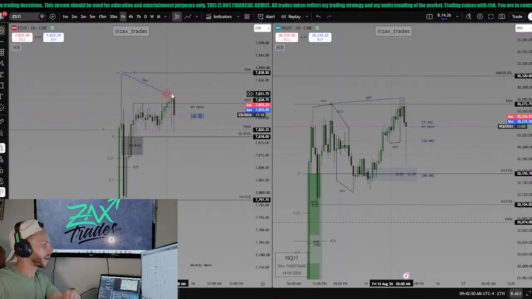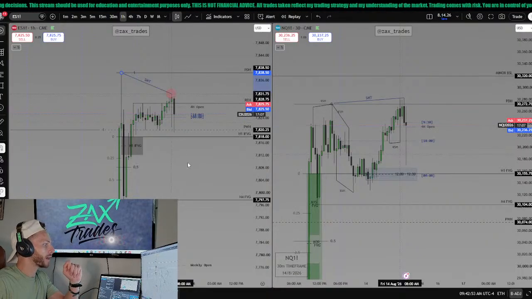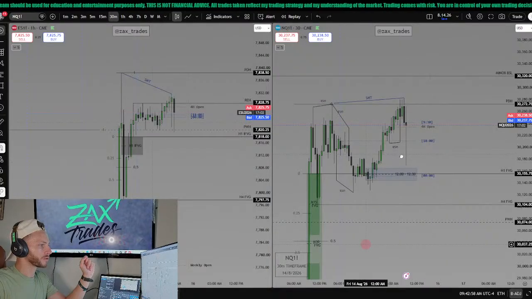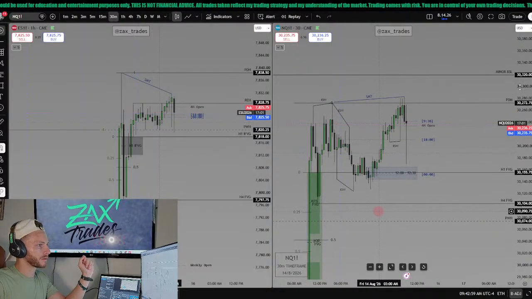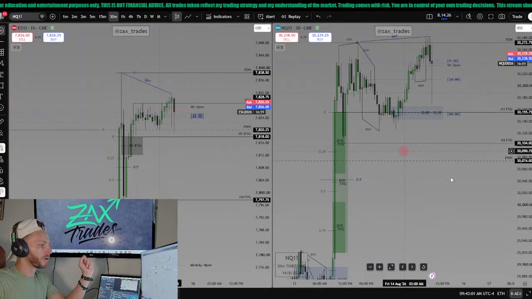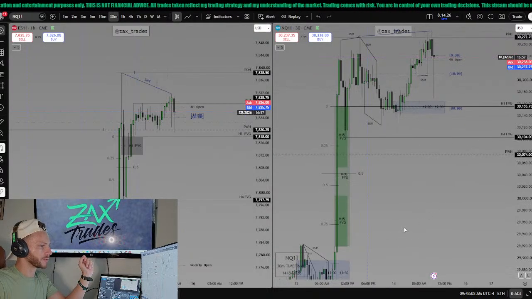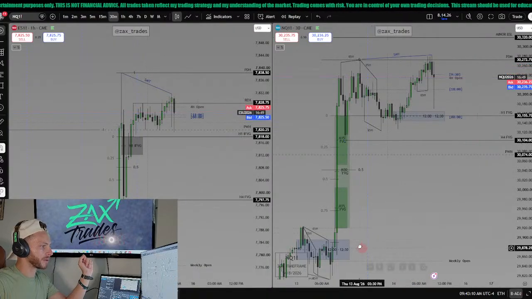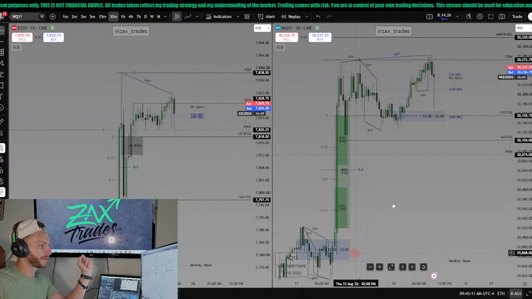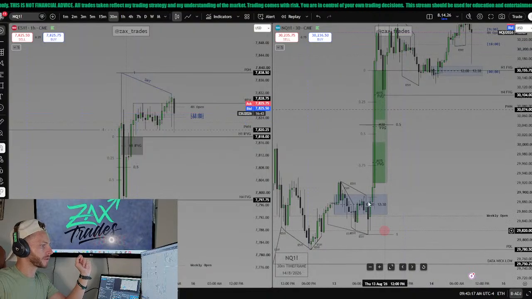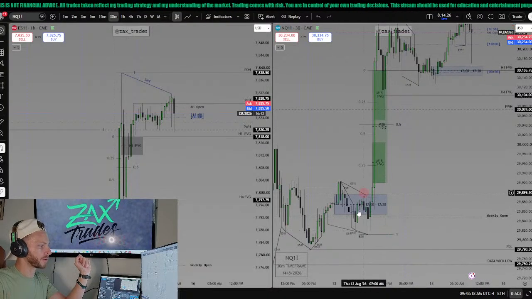So we saw yesterday with that big run up, we had that Judas swing right at 9:30. Move the chart down just real quick. I don't want to get too far off the reservation here, but this is a perfect picture, guys, of midnight opening range.